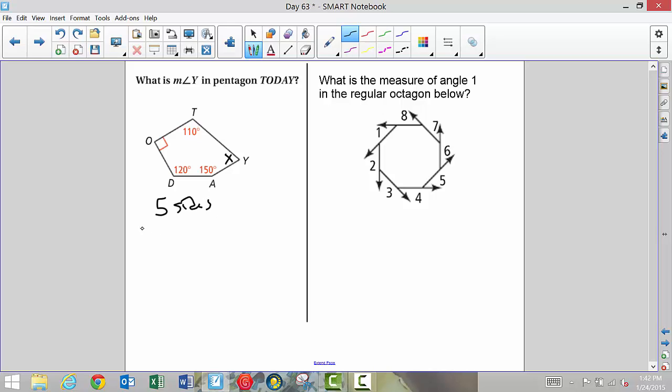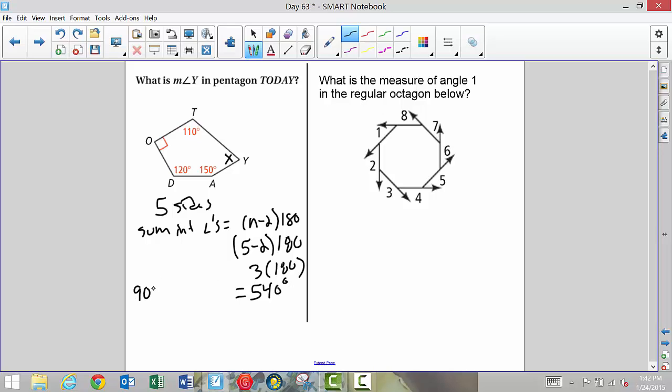So the sum of the interior angles will equal n minus 2 times 180. So 5 minus 2 times 180, which is 3 times 180, which is 540. So all the angles in this pentagon have to equal 540 degrees.